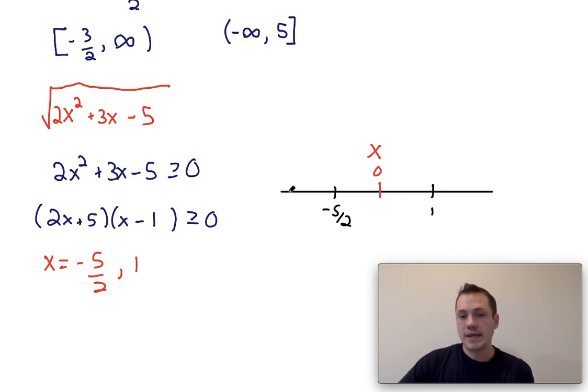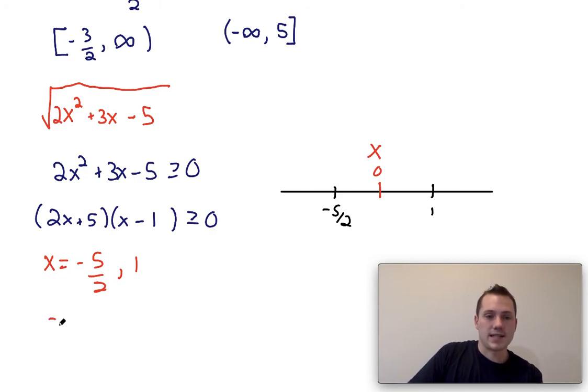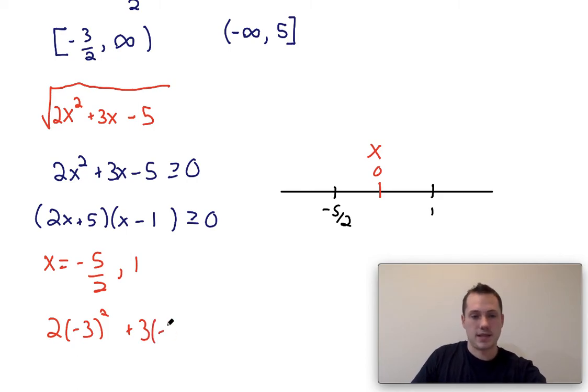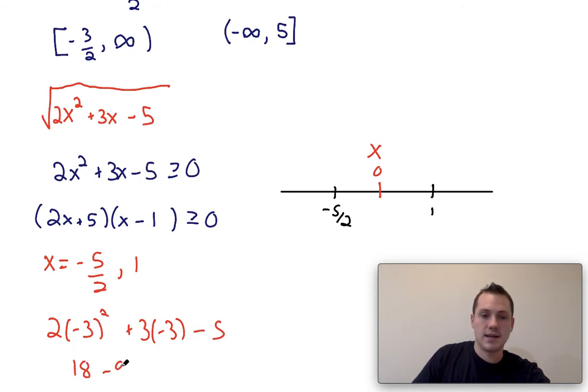Now, if I put negative 3 in, which is less than negative 5 over 2, I'll write this out. So it's going to be 2 times negative 3 squared plus 3 times negative 3 minus 5. So that's 9 times 2 is 18, minus 9 minus 5 is going to be 4. And 4 is greater than or equal to 0, so I'm going to put a check mark in this region.